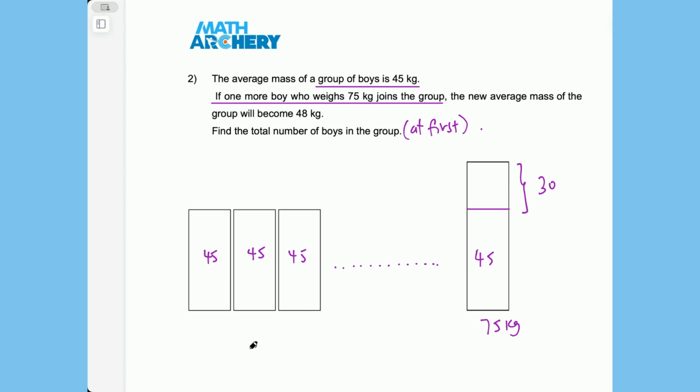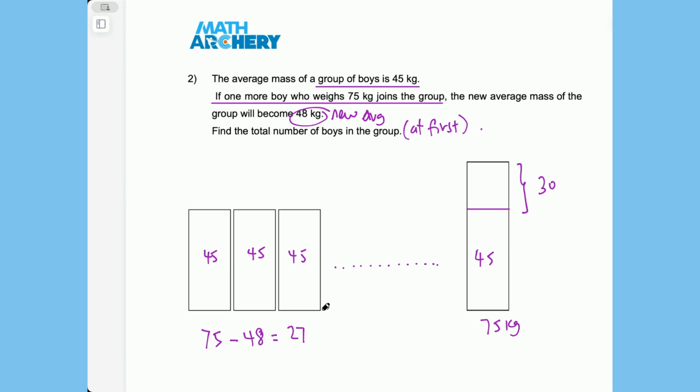Okay, so what we do is we take the additional boy, which is 75, minus away the new average, which is 48. 75 minus 48 is 27.